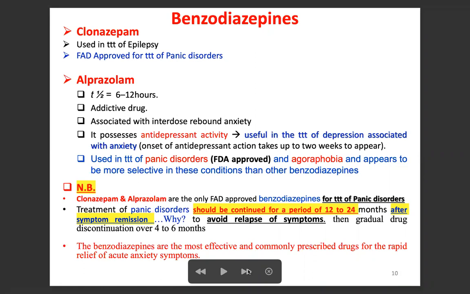It is also found to have antidepressant activity, and it is generally used in the treatment of panic disorder and agoraphobia. Agoraphobia means a fear of open spaces, fear of the crowd, and so this is a more selective drug for agoraphobia and panic disorders.